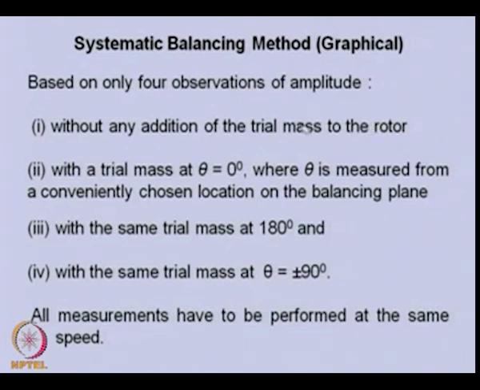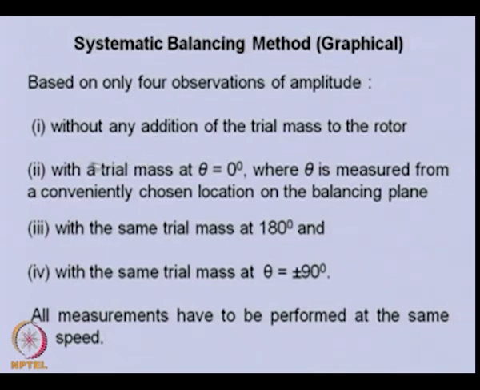We will do this in the same cradle machine as discussed in the previous lecture. Then, because we want to obtain the correction mass in one of the planes, let us say plane 2, we need to fulcrum the rotor at F1, and so we will obtain the correction mass in plane 2.